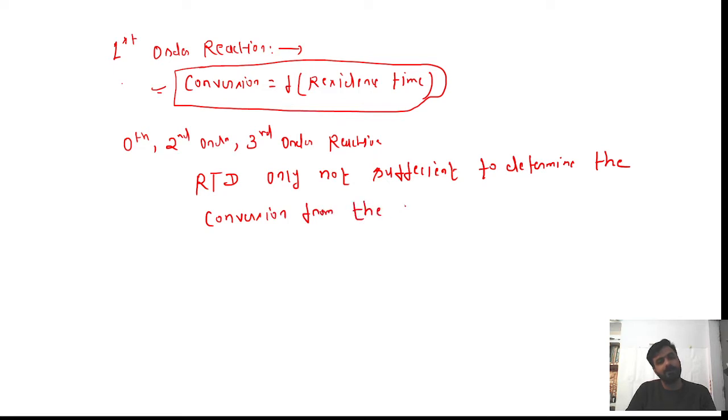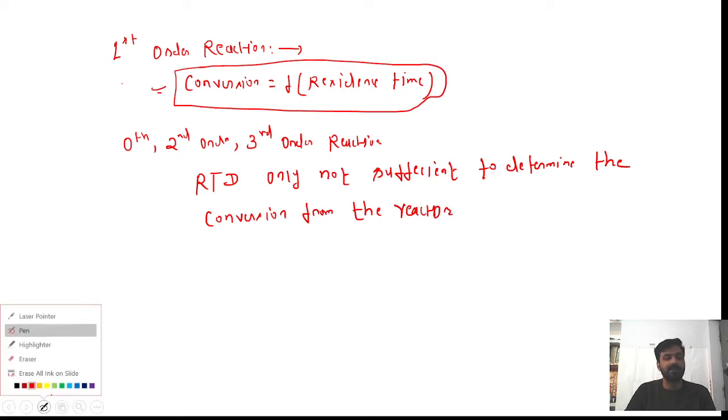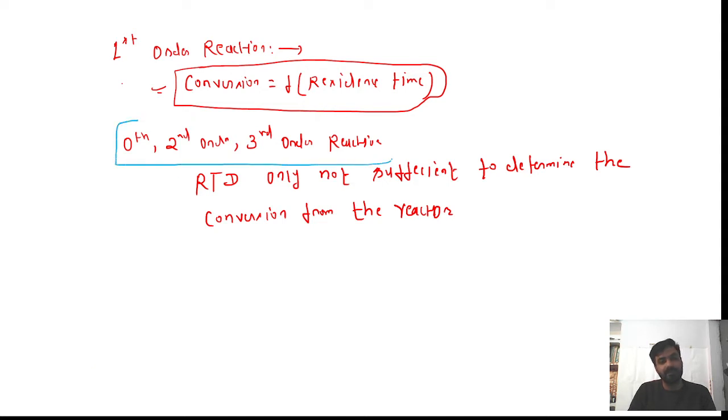Which cases is it happening in? It is happening for zero order, second order, and third order reactions. But in case of first order reaction, I have already told you, it depends only upon the residence time or RTD function. For these other reactions, RTD is not sufficient to determine the conversion of the reactant.